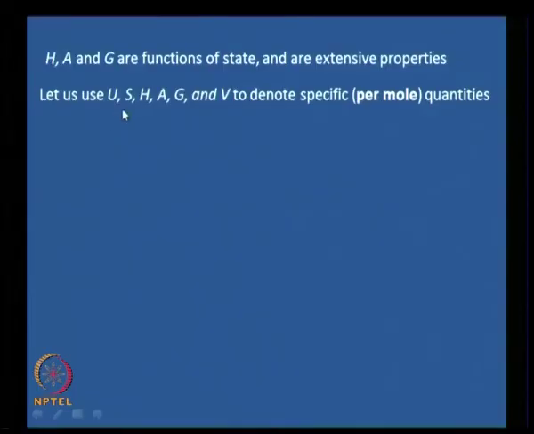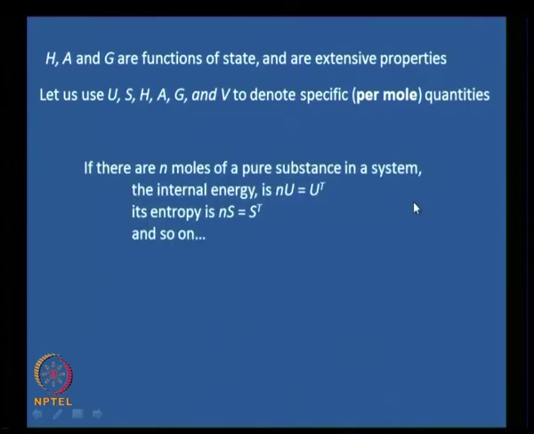In this particular case, we are going to use U, S, H, A, G, and V to denote per mole quantities. But not all systems will be composed of 1 mole, therefore we need a terminology which will address different numbers of moles present in a system.